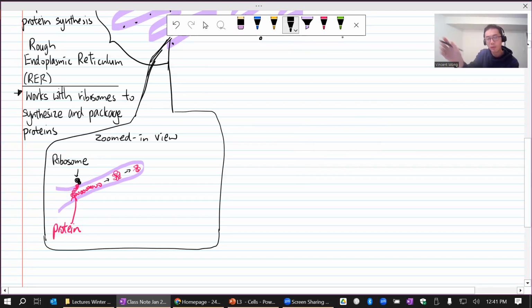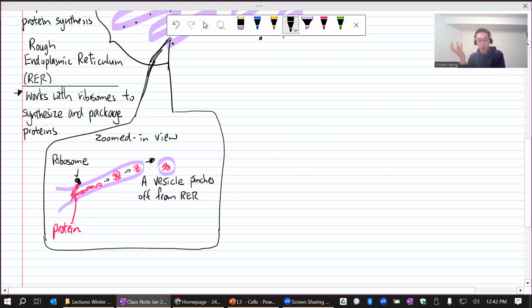And that's kind of like what's happening here. The protein will move towards the edge, and eventually it will pinch off, right, with the protein inside. And it forms what we call a vesicle. A vesicle pinches off from rough ER.